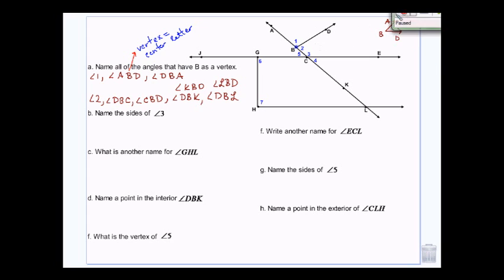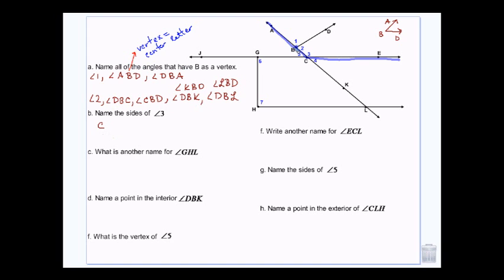Now, name the sides of angle 3. So we find angle 3. Angle 3 is this angle here. Okay, that's angle 3. So if we're naming the sides, they're going to be 2 rays. C is my vertex, so C is going to be my first letter.